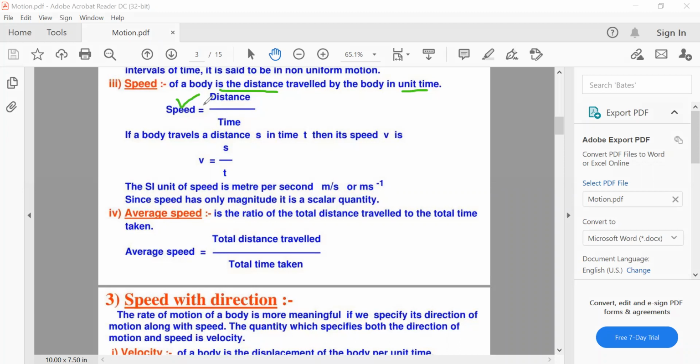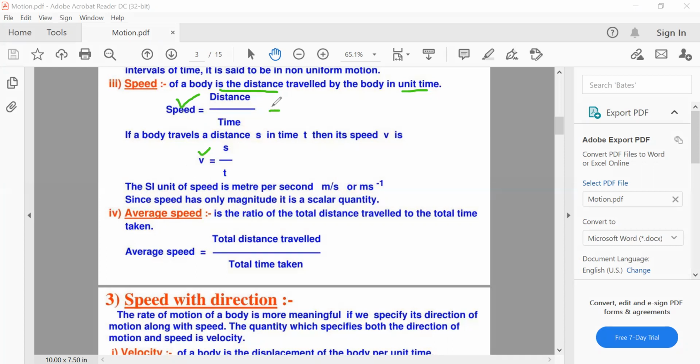So we can write speed is equal to distance by time. Mathematically, speed can be denoted by s, or in some cases by v, and distance can be denoted by s or by d.